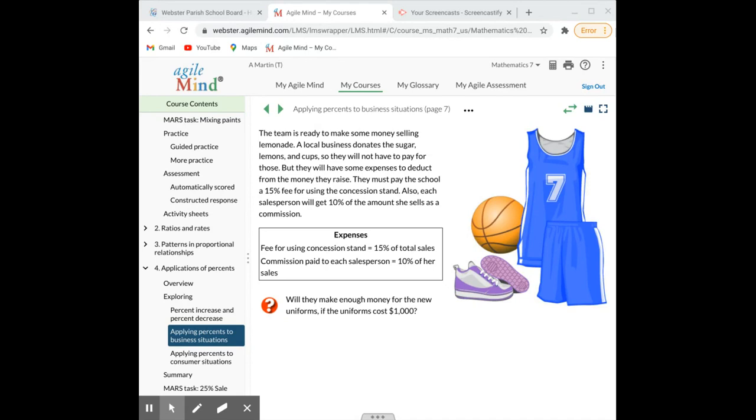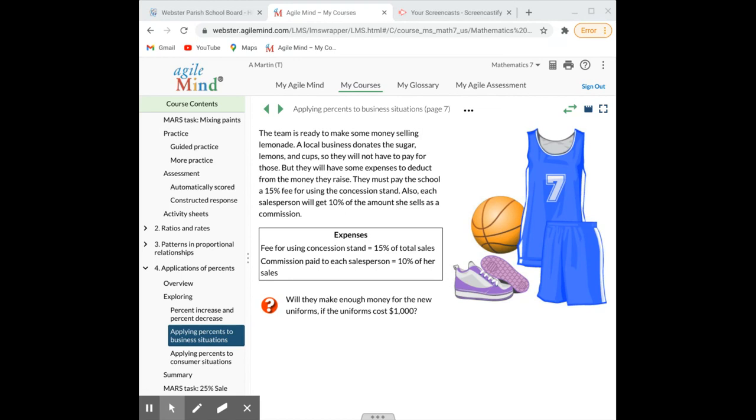Okay, so what we're going to do is look at our first page. Remember that we said that a fee is an amount of money that we pay to someone, say for using something of theirs, and that commission is an amount of money that we make off of the total sales. All right, so Miss Kalia, will you read the first page, page 7?